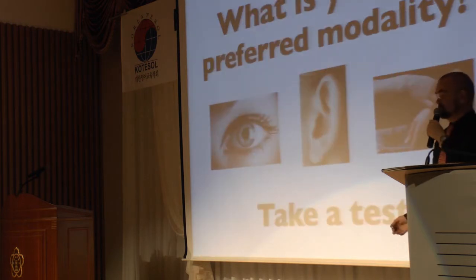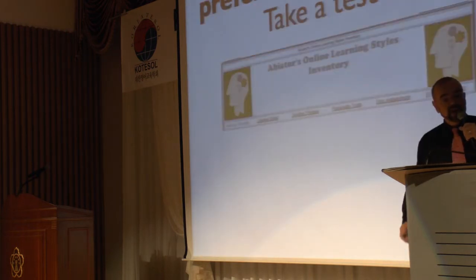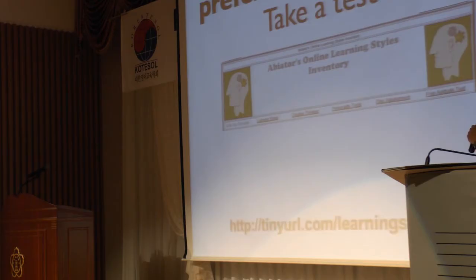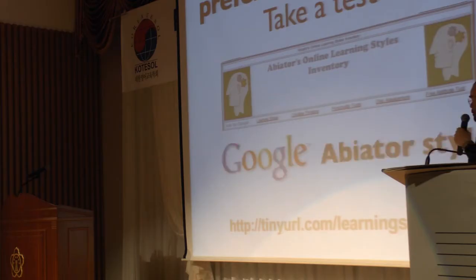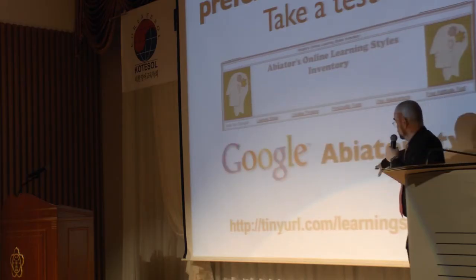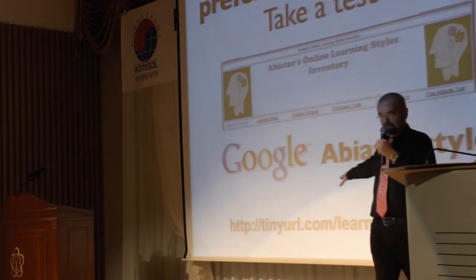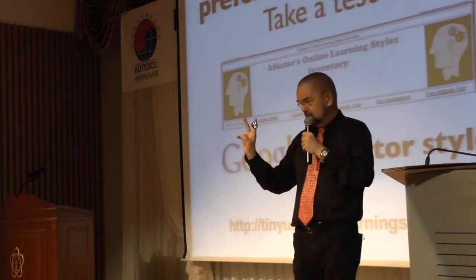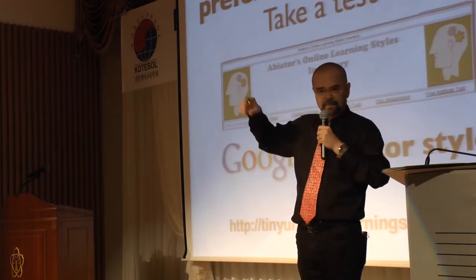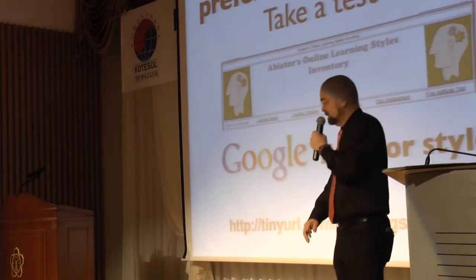Finally, take a test. There are a few tests available. The one I have my students do is online. tinyurl.com, learning styles test. Or easier is just go to Google and search for aviator. Like aviator, like the pilot with a B. I don't know why. So the guy's name.